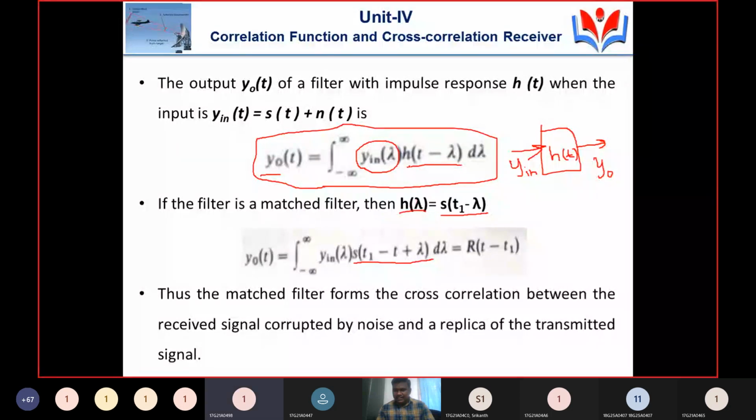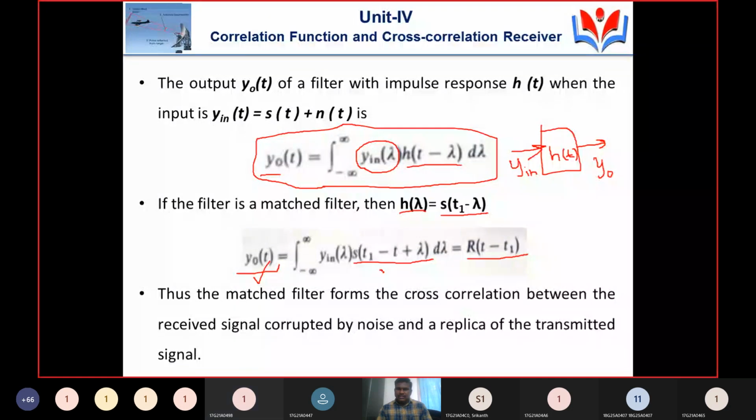Thus, the matched filter forms a cross correlation between a received signal corrupted by noise and a replica of the transmitted signal. This is the conclusion. The output of the matched filter is nothing but the correlation of the received signal, the signal which is corrupted with noise, and the signal which is transmitted.